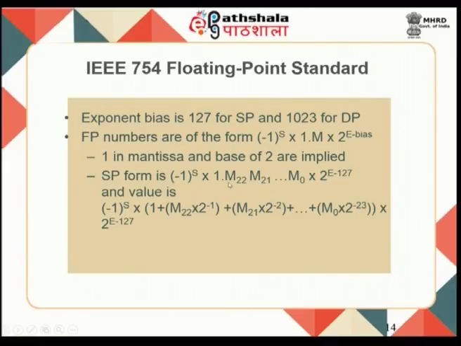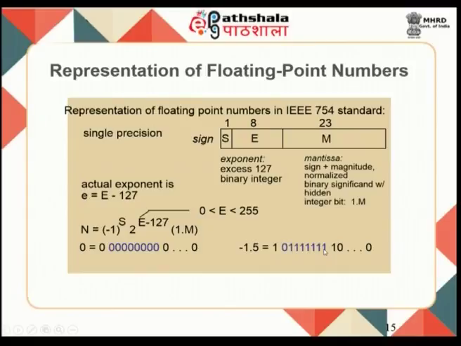And if you have a number as given here, the value of that number is indicated by the expression given below. So, this gives you an example of how to do the representation. This is the standard representation for your floating point numbers as already discussed. So, if you have to represent a number like minus 1.5, how do you represent this? You know the sign of the number is negative, so you have 1 which indicates the sign bit as negative.